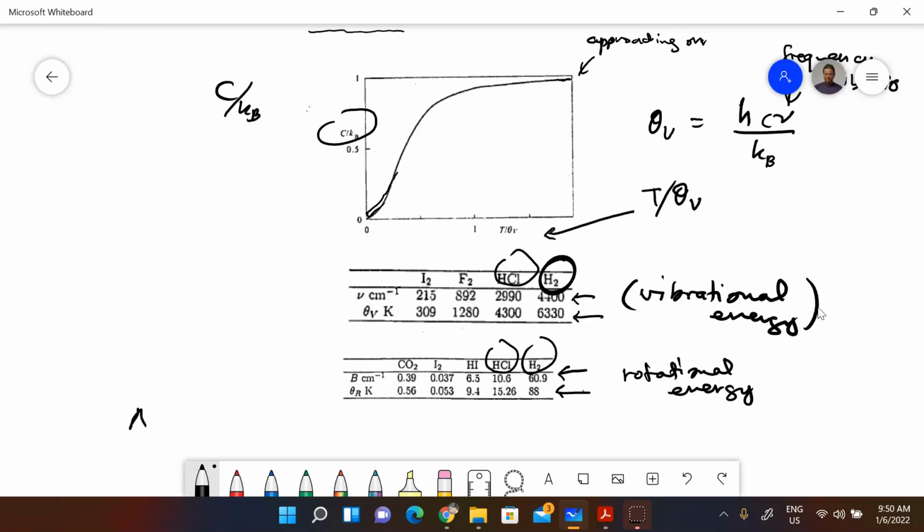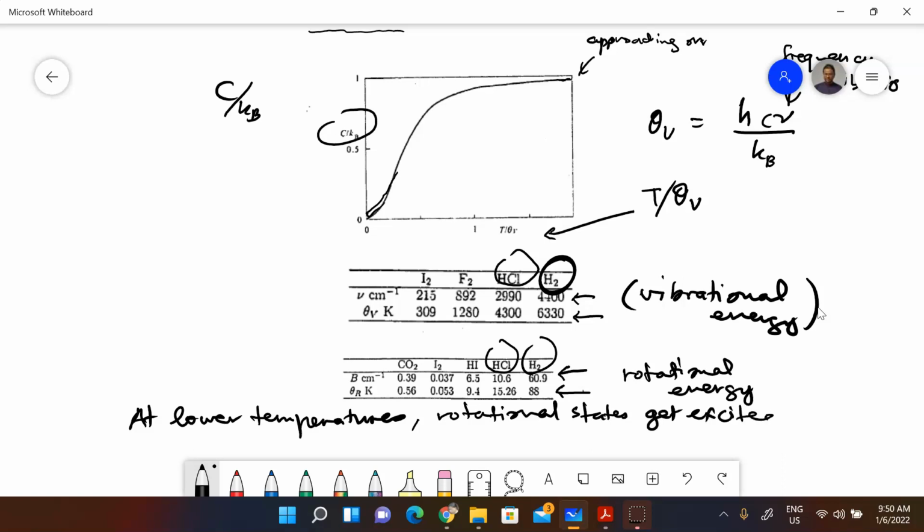So at lower temperatures, one would see that your rotational energy states get excited, but not the vibrational states, because your vibrational states require a higher temperature.